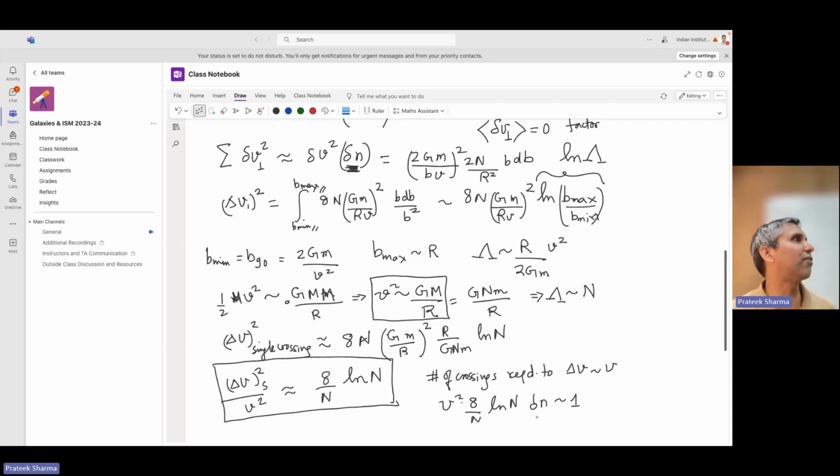So this is the number of crossings required for this test particle to forget its initial conditions. That's called n relax. This collision process is also called relaxation. Two-body relaxation is the technical term. So n relax is equal to V squared by delta V squared.